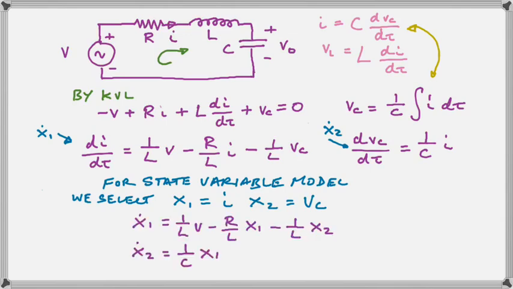Okay, so there the equations have been rearranged, substituting x1 for I and x2 for Vc. And we can put those two equations now into the state variable form, and we can also draw the signal flow graph directly from the two equations.